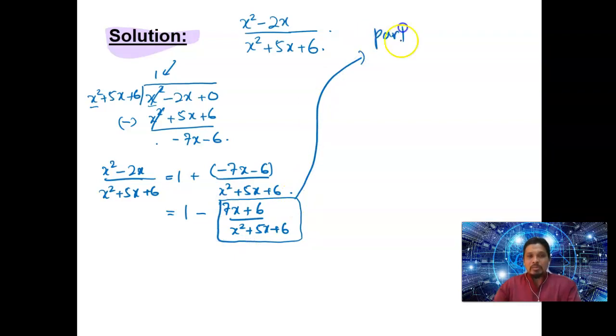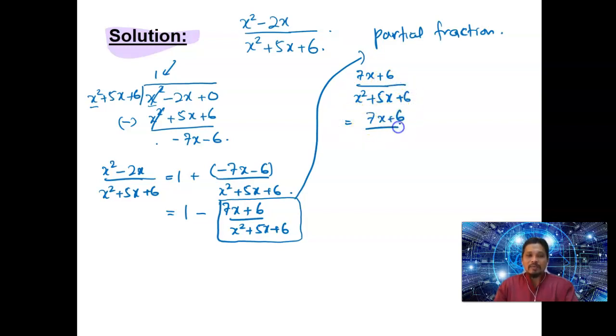In the process of partial fractions, we have 7x plus 6 divided by x squared plus 5x plus 6.